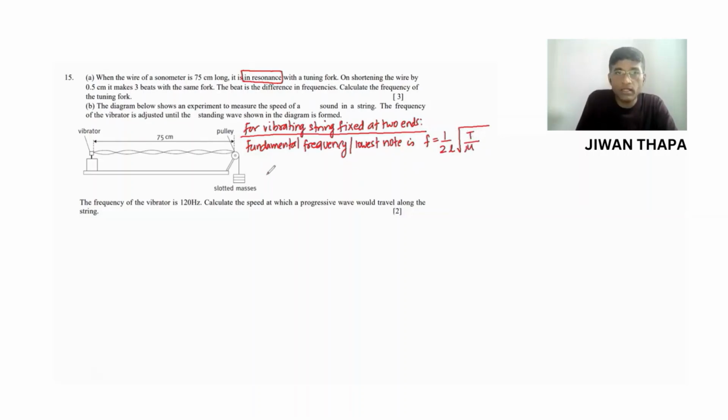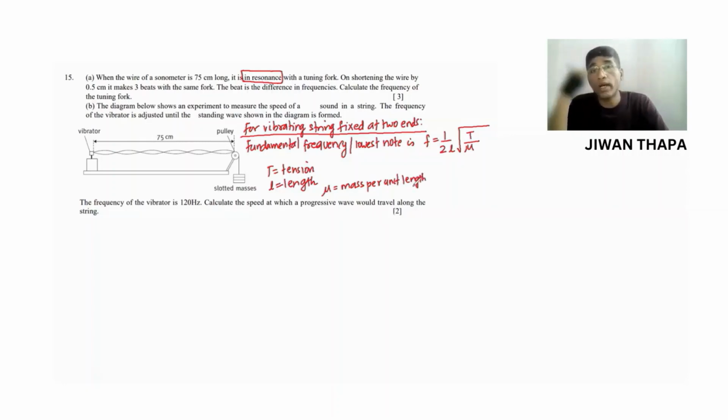So we have this, where T is tension, L is length of the wire, and mu is mass per unit length of the wire.